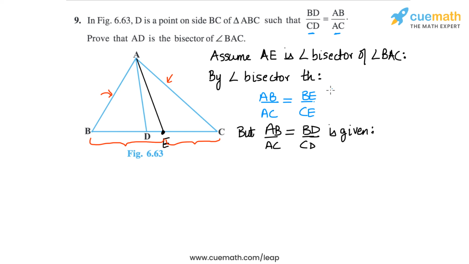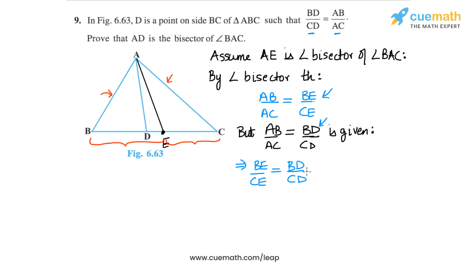AB by AC is equal to BE by CE, and AB by AC is also equal to BD by CD. So this means that BE by CE must be equal to BD by CD. Basically, D and E divide BC in the same ratio. BE by CE is the same as BD by CD.